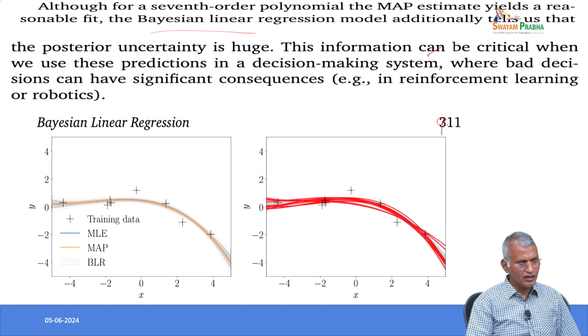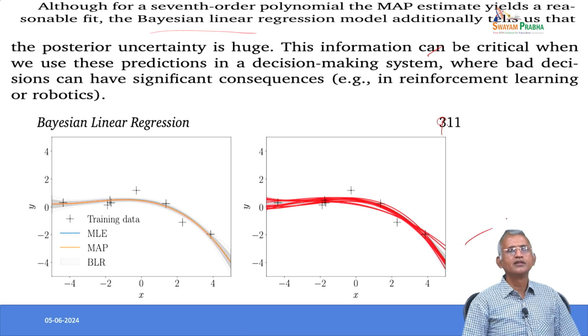Here the orange is MAP, the other color is BLR, Bayesian linear regression, and the light blue is MLE. This is the reinforcement learning or robotics setting.